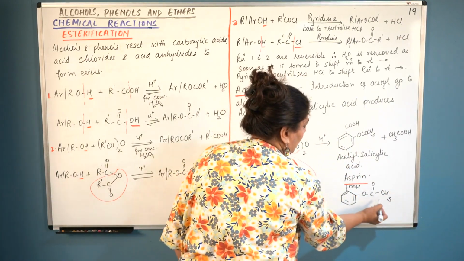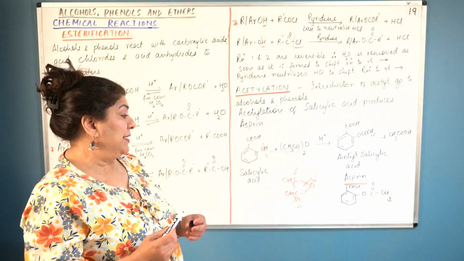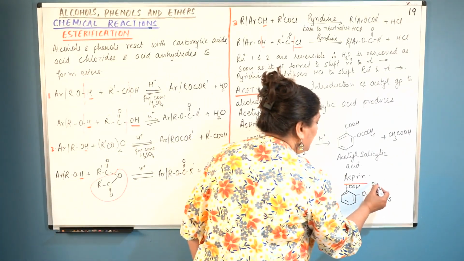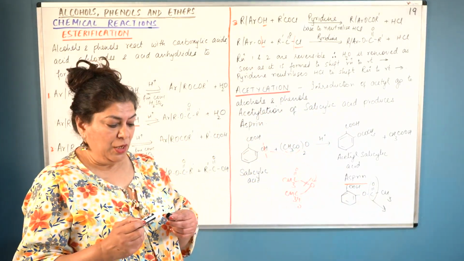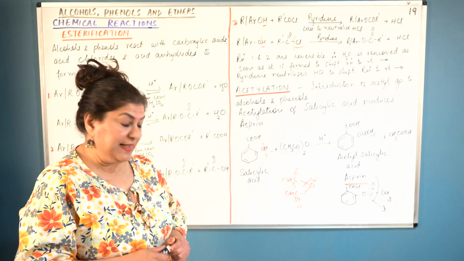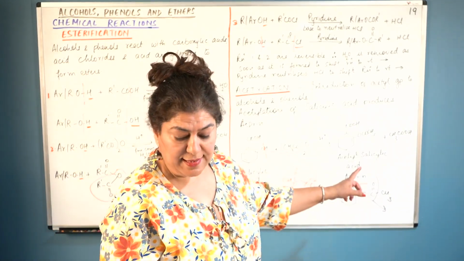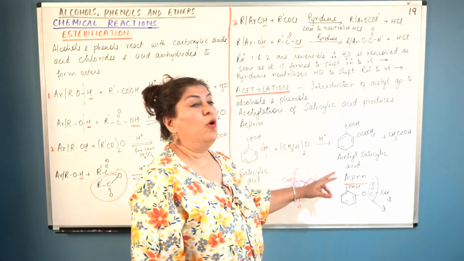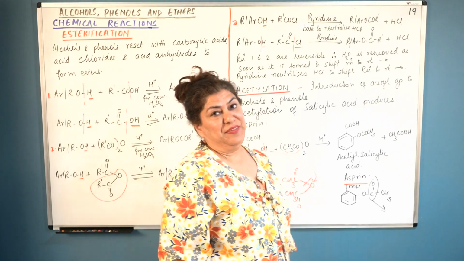So CH3COO phenyl group. It forms an ester, and since the CO is being added, it is known as acetylation. So acetylation of salicylic acid results in the formation of acetyl salicylic acid, which is also called aspirin. Right? So this was esterification.